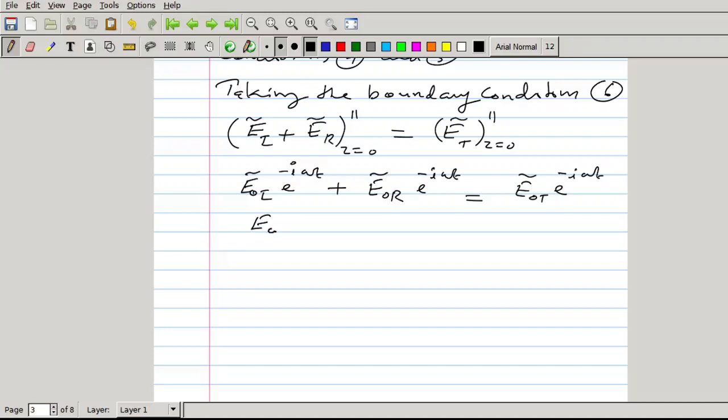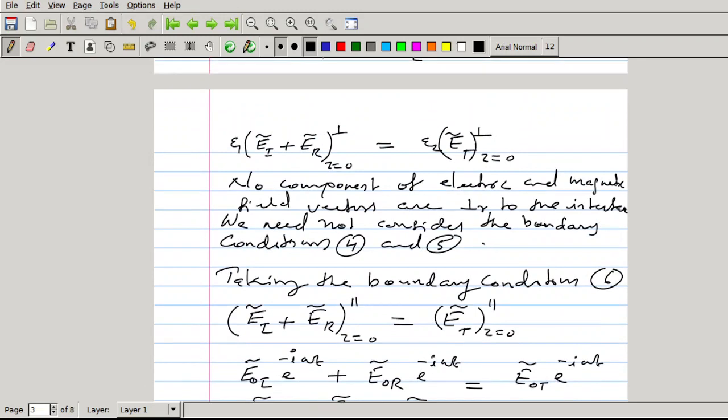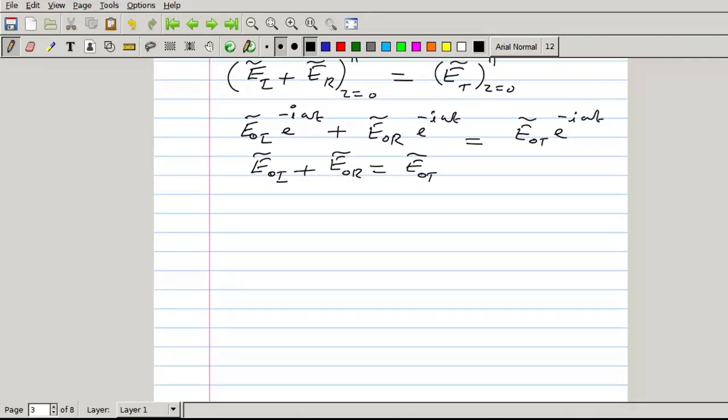So we will have E0I plus E0R equal to E0T. This is equation 8.